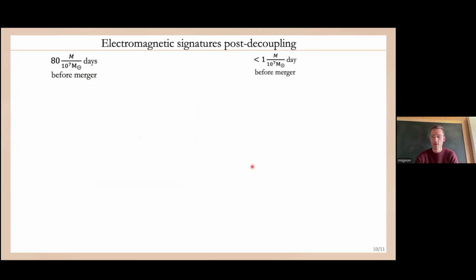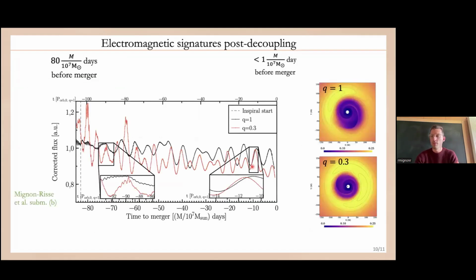The consequence is that, for the same reason as before, you will have some relativistic Doppler effect acting on the lump emission, as long as you have some inclination with respect to the circumbinary disk plane. If that is the case, then you have a modulation from the lump that survives until really, really close to merger. In our case, it survives until the end of the simulation. And the end of the simulation for us is whenever the metric is not valid anymore, so basically when the motion of the binary black hole becomes relativistic.